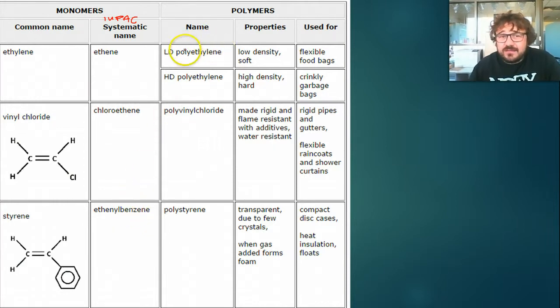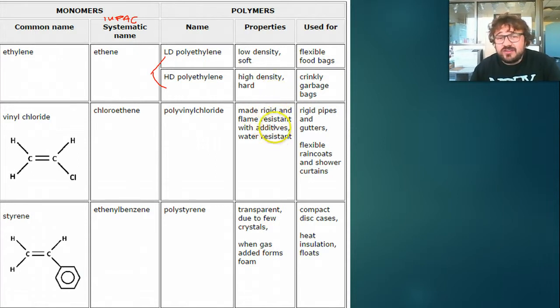The name is low density, so here it splits into two already. So bang, into two different ones. Low density polyethylene, high density polyethylene. Polyvinyl chloride, polystyrene. Your LDPE is low density and soft. Your HDPE is high density and hard.